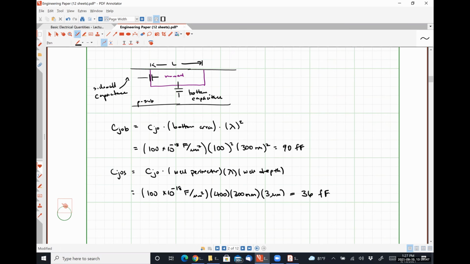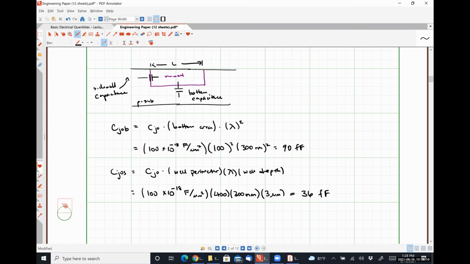So 100 lambda, so 100 times 300 nanometers, so that would be 100 times 0.3 microns. So 30 micron by 30 micron on the scale of something that's 0.5 millimeter by 0.5 millimeter. It's actually pretty tiny. So anyway.